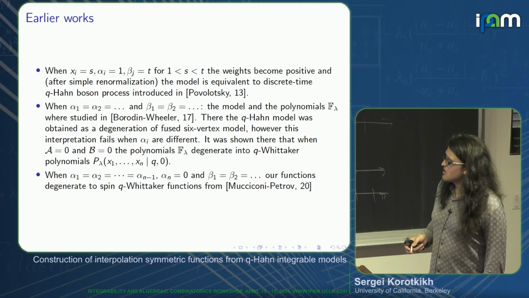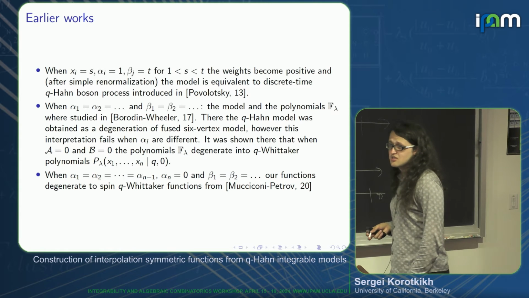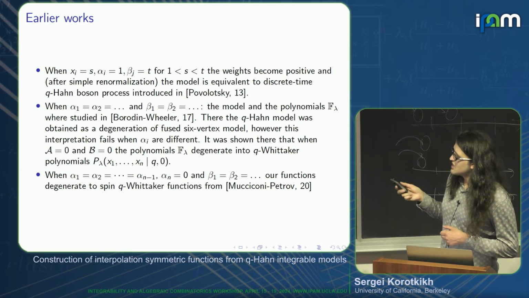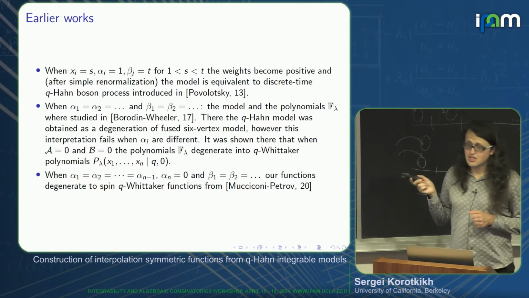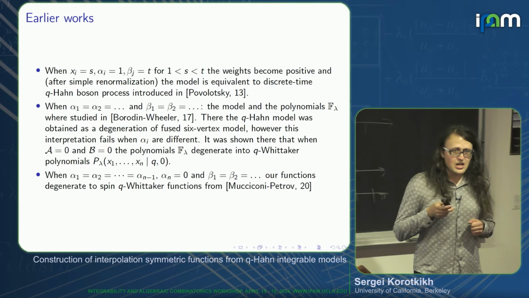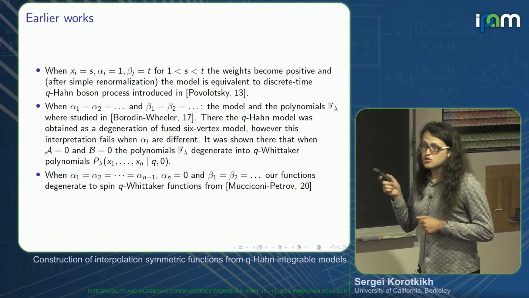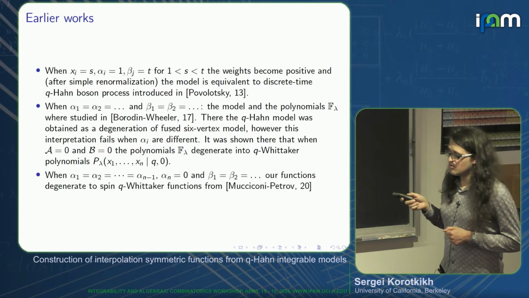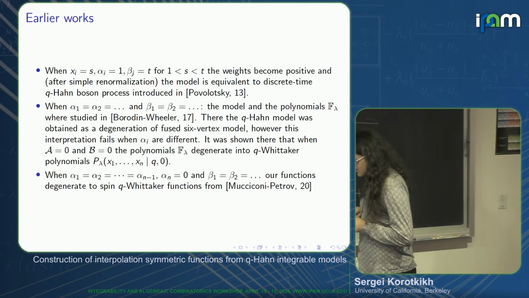And there is also another example where this model has appeared earlier. If you take, again, these parameters alpha and beta, and you set all parameters beta equal to each other, all parameters alpha equal to each other, with the exception of one of these parameters alpha, which we set to 0, then this model also has appeared earlier in the literature.